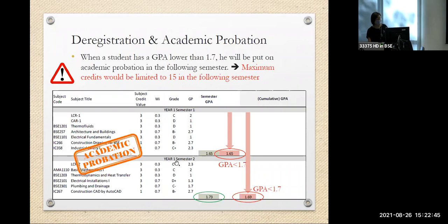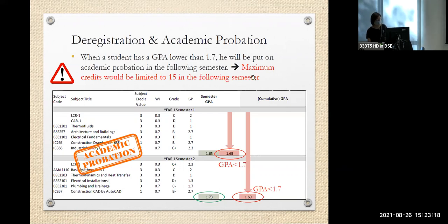But if in the second semester, the semester GPA is higher than 1.7, so only 2 consecutive semester GPA lower than 1.7, but the semester GPA is higher than 1.7, then no need to be deregistered, but he will be put into academic probation. 即係好似試升班咁, okay?